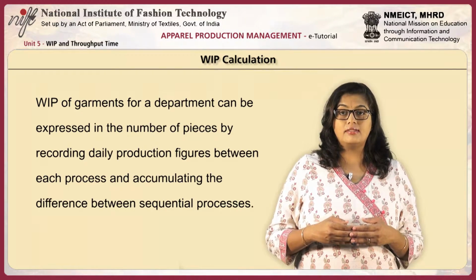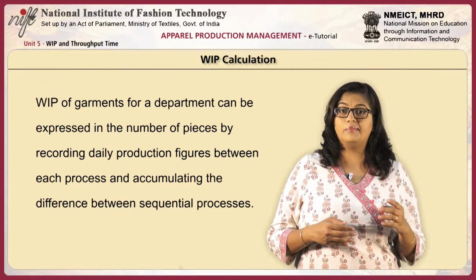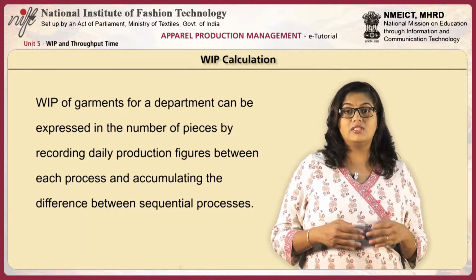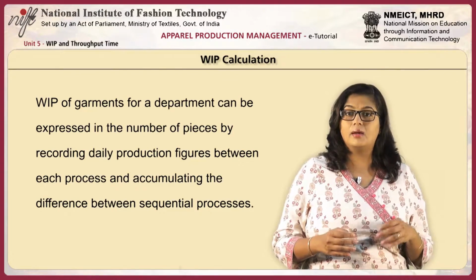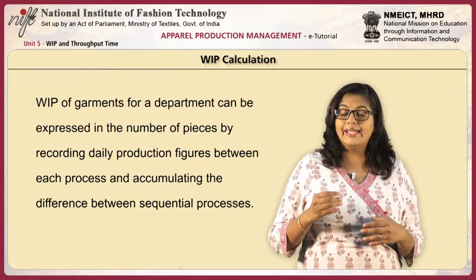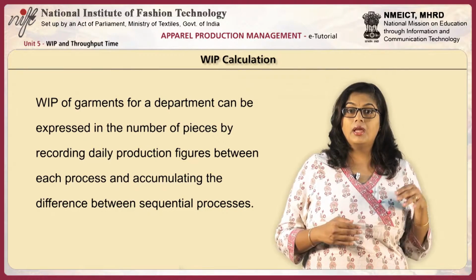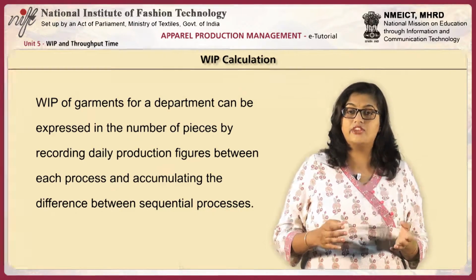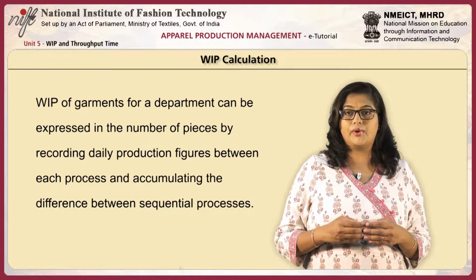Work in progress of garments for a department can be expressed in the number of pieces by recording daily production figures between each process and accumulating the difference between sequential processes.